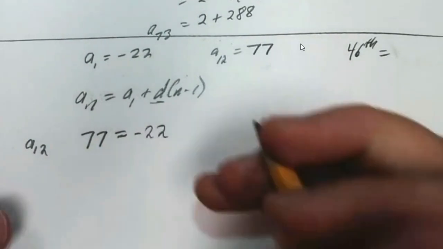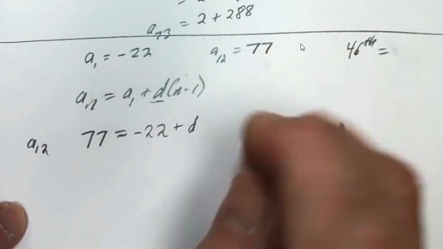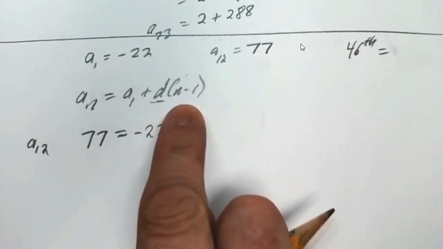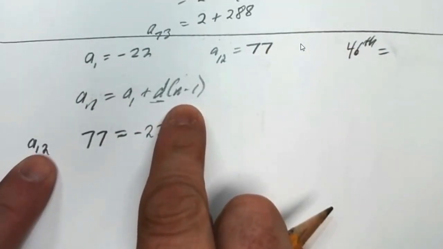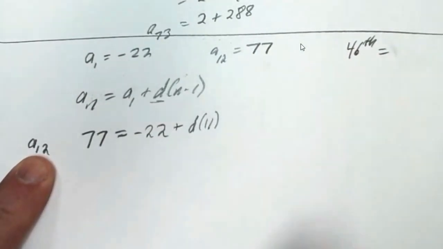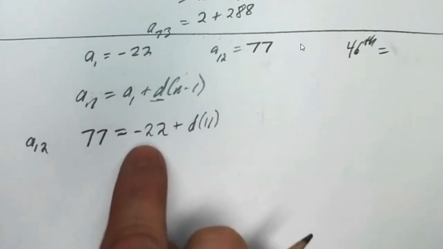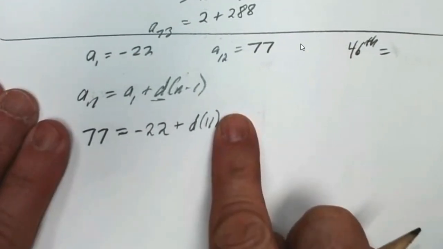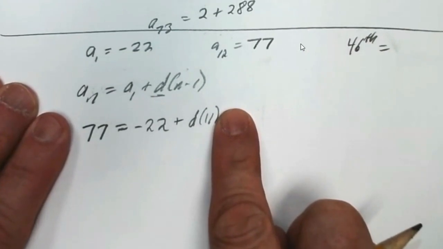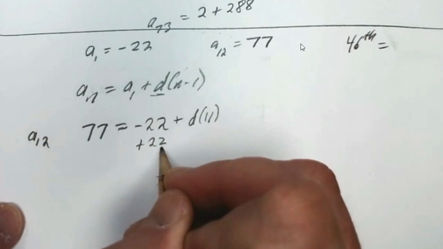And this is D. We don't know that. But we know what N minus 1 is because we know that this is the 12th term. So N minus 1 is 11 because this is the 12th term. So now look, we have all numbers with a D. We can solve this for D. So let's add 22 to both sides.